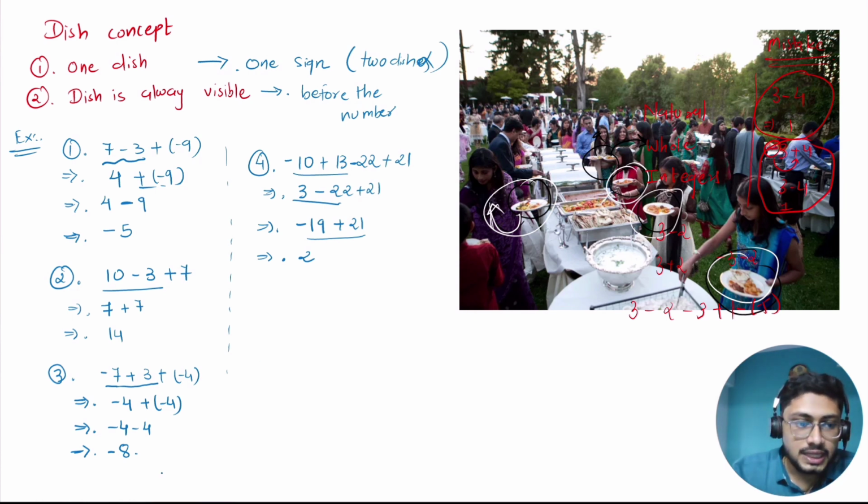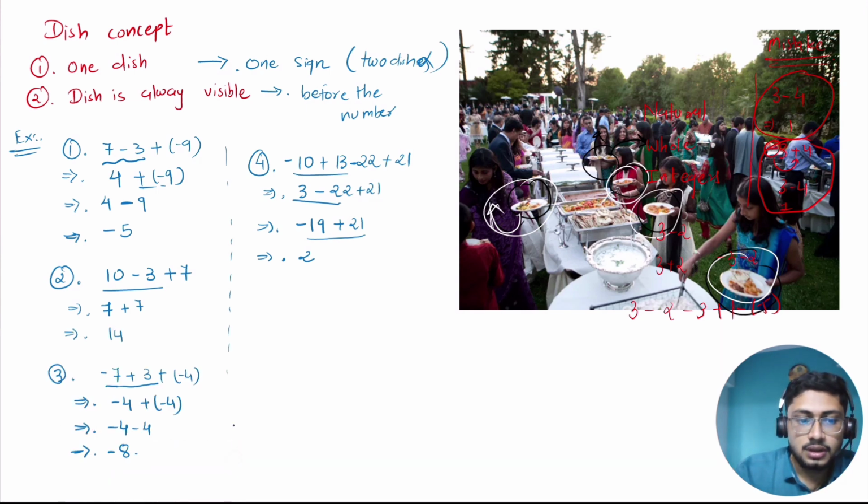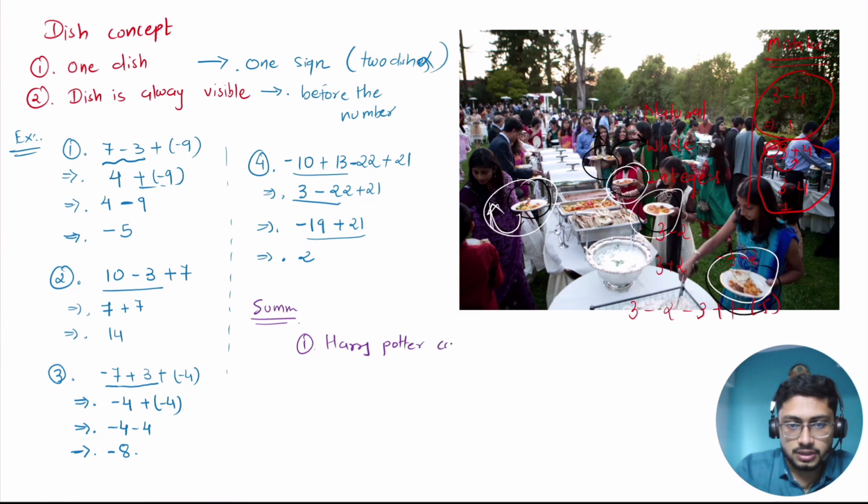So what you understand from this session, you need to remember, it's very easy. From now on I want everyone to learn this concept and go through each and every question by these two stories. First, the Harry Potter concept. What is the Harry Potter concept? Always understand the magic game: one is positive, one is negative, resulting in zero.